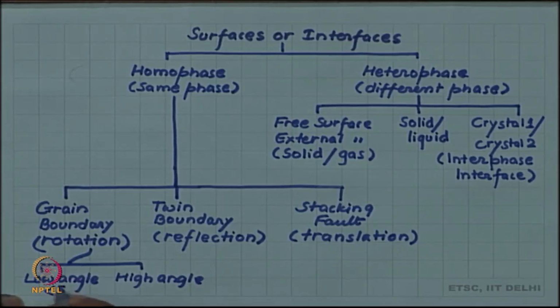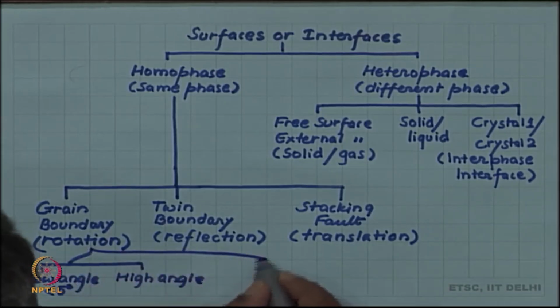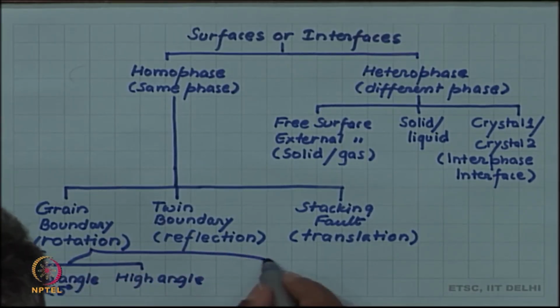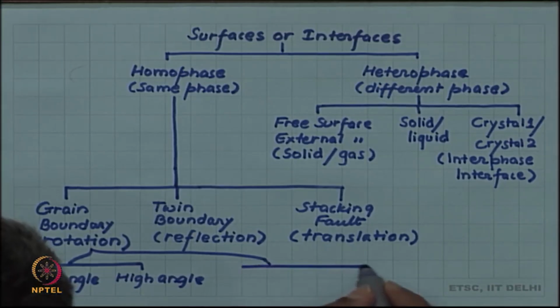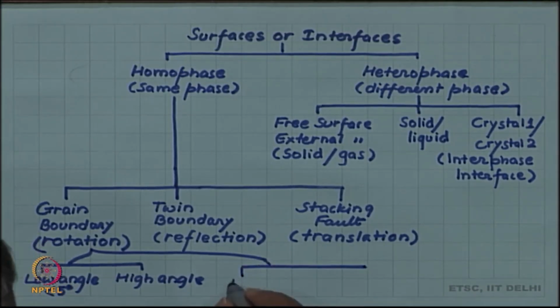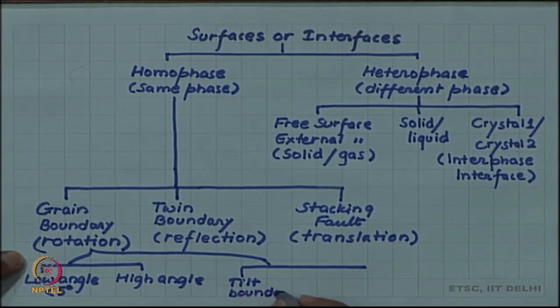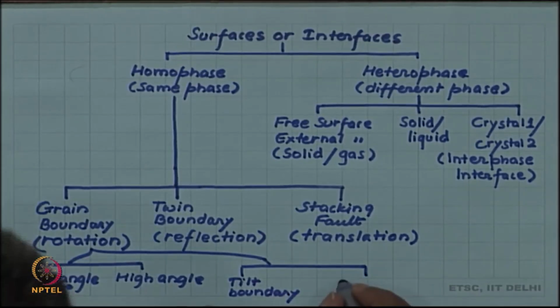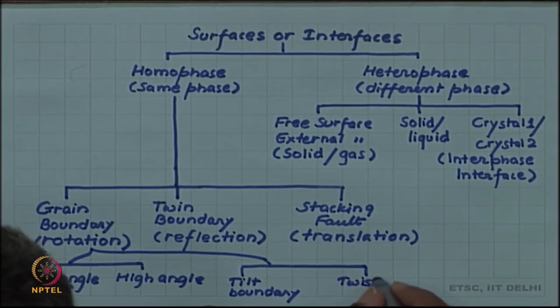Maybe let us say less than 5 degrees we can call it a low angle boundary, and higher than 5 degrees we can call it a high angle boundary. Another classification scheme is to classify them as tilt and twist boundaries. So, one kind of boundary can be called a tilt boundary, and another kind of boundary can be called a twist boundary.